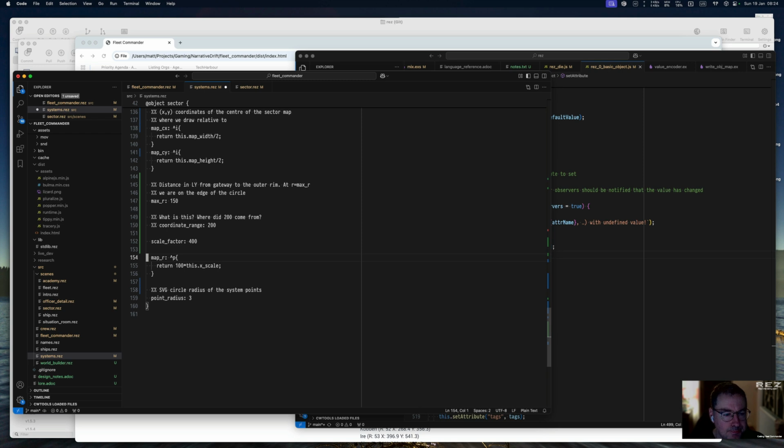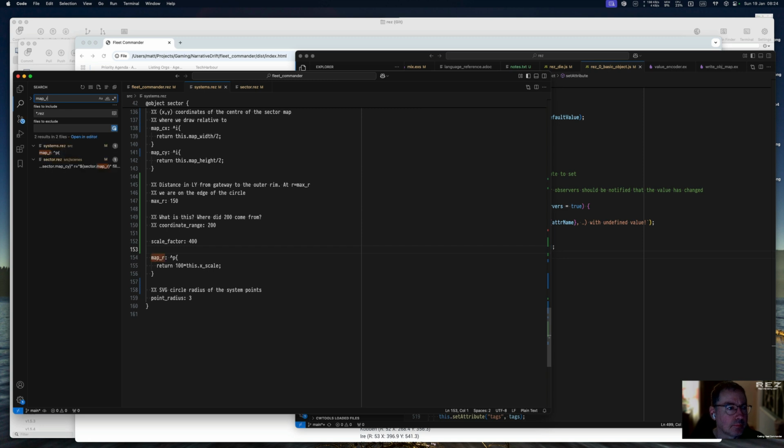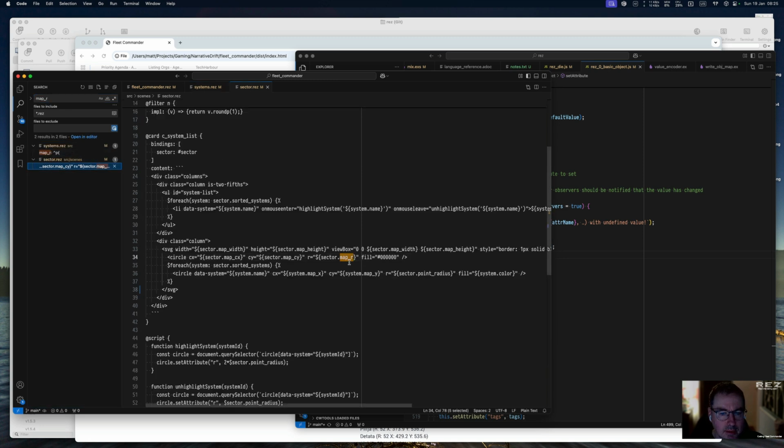Map R. Where was map R used? So it's used in here. Right. So this should actually be max R. But when you draw circles here, we're drawing them in pixels.